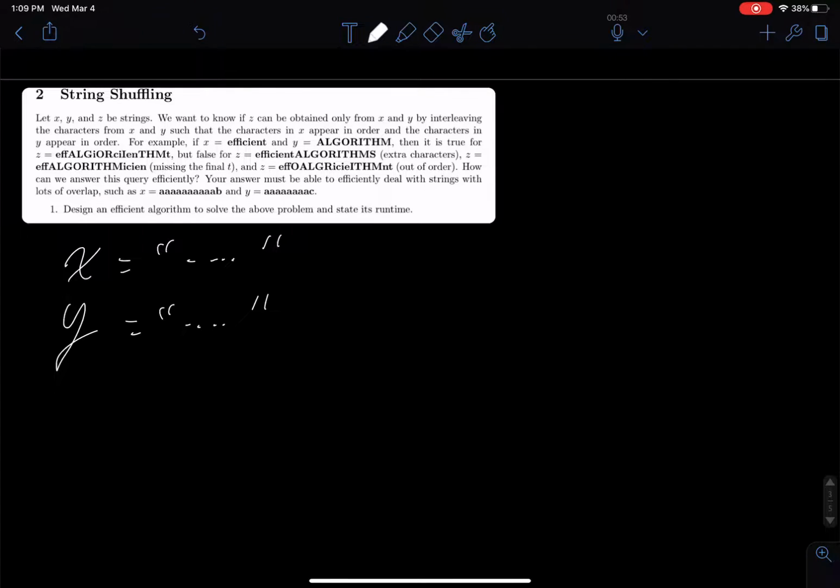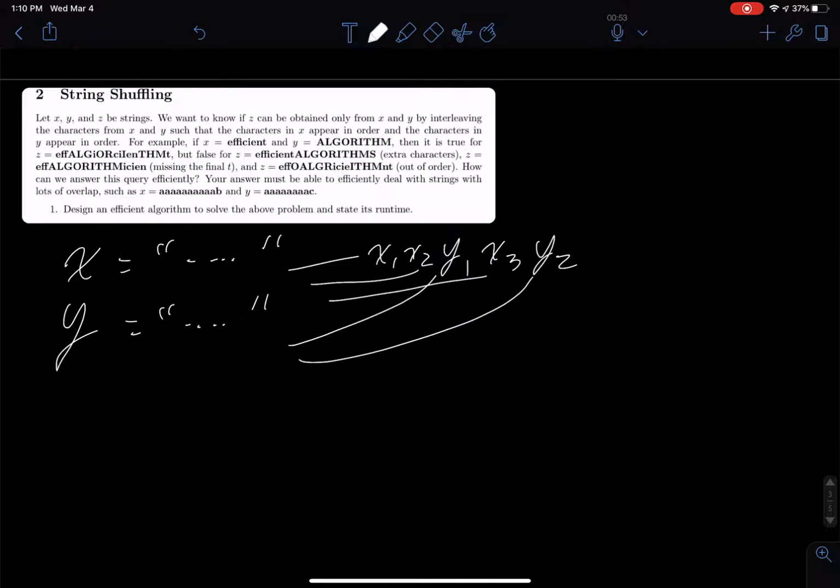And we're going to define an interleaving of X and Y, where an interleaving is a sequence of all the characters from X and Y occurring in such a way that all of X does not come before all of Y, or all of Y does not come before all of X, but that some of X, let's say the first two characters of X appear, then the first character of Y, followed by the third character of X, followed by the second character of Y, such that they interleave with each other.